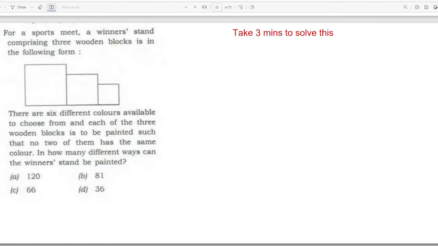Please post your answers. Okay, Priyanka, if the question was not visible, please take another 30 seconds to solve this and post your answer.